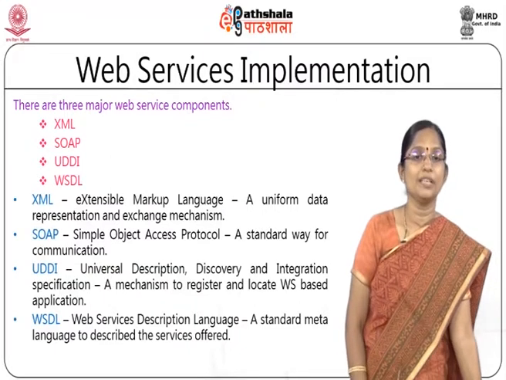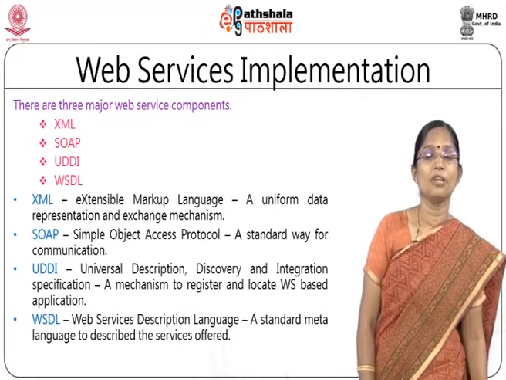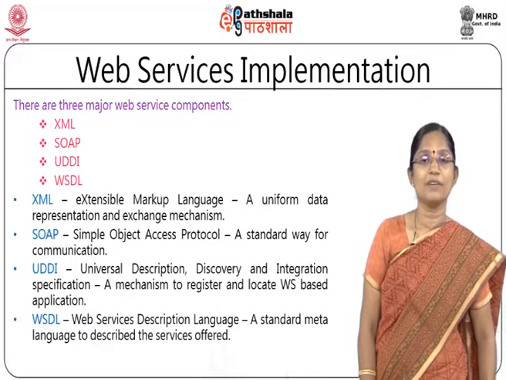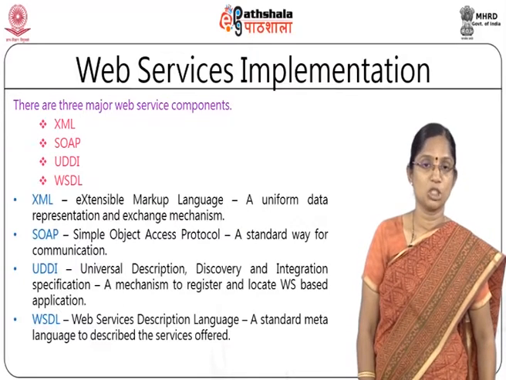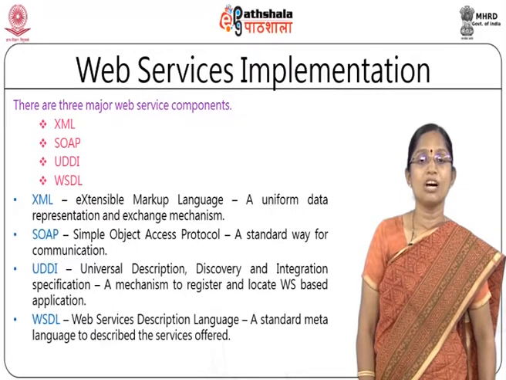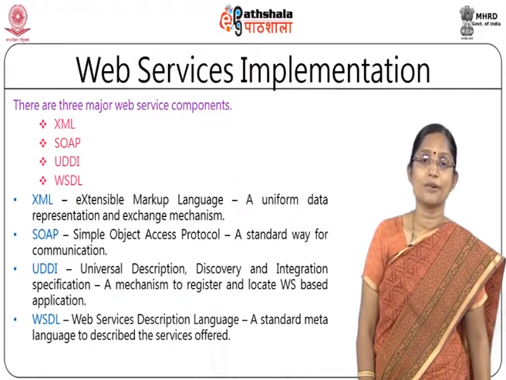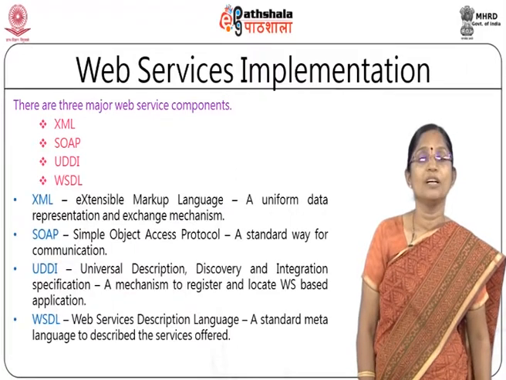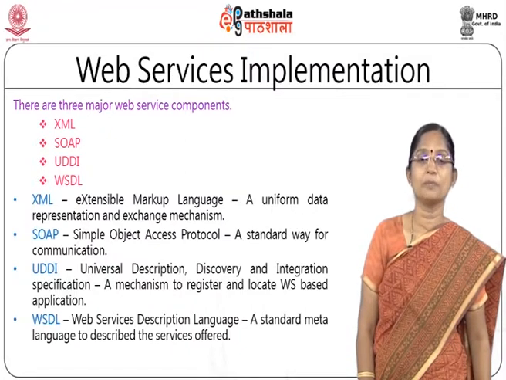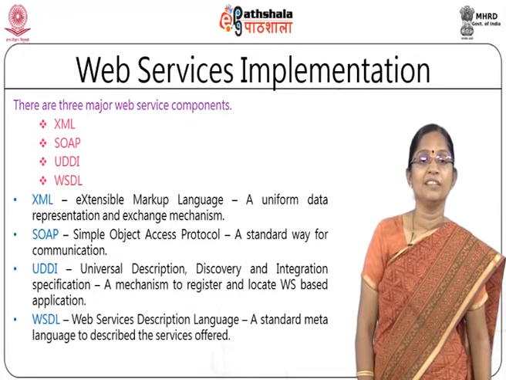Next comes UDDI. UDDI stands for Universal Description, Discovery and Integration Specification. UDDI is called a registry, which is used to register the web services that have been created and to locate the web service based applications. Then the third one is WSDL. People call it WSDL.